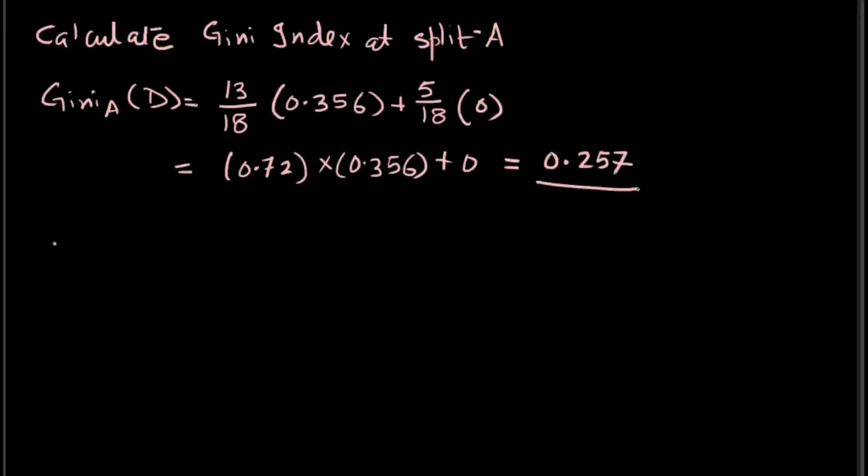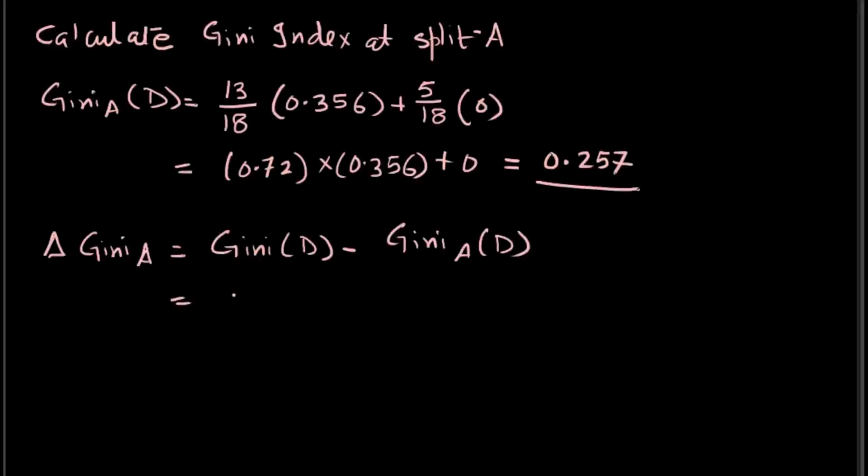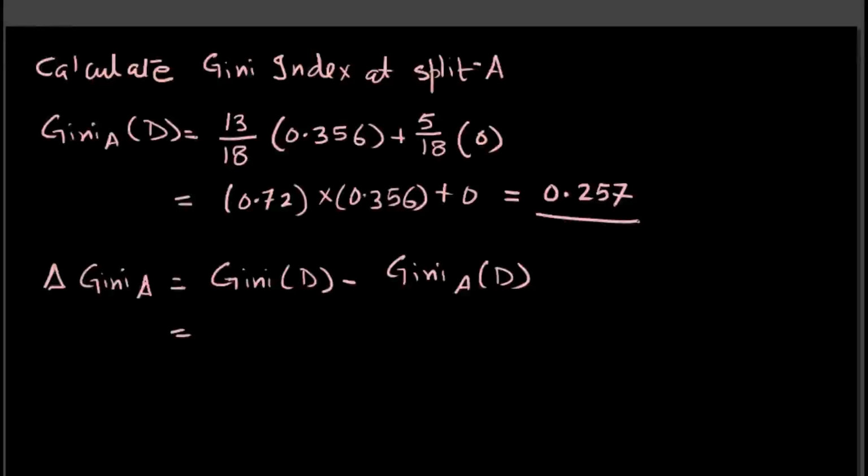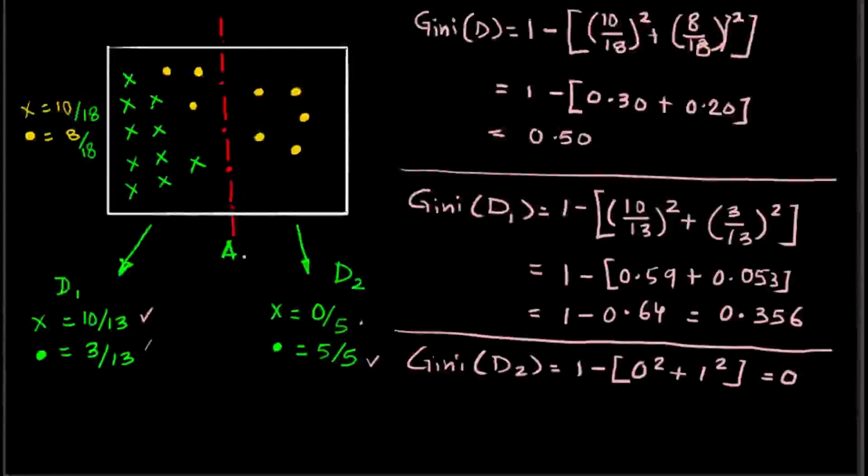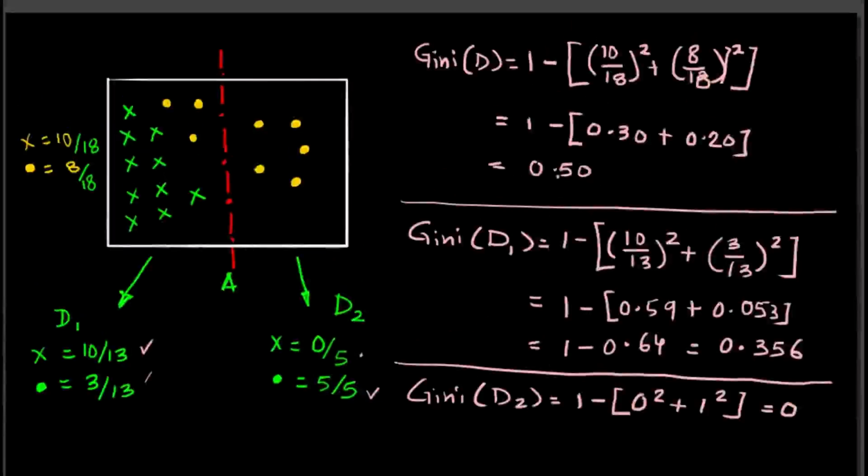And then let us calculate the change in the Gini index or change in the impurity measure. So Gini due to split A is Gini of D minus the Gini index at A. So you can see that 0.5 is the Gini index of the total dataset.